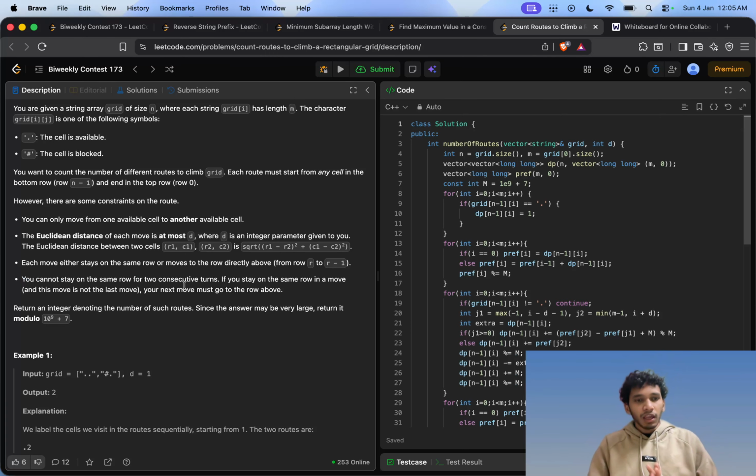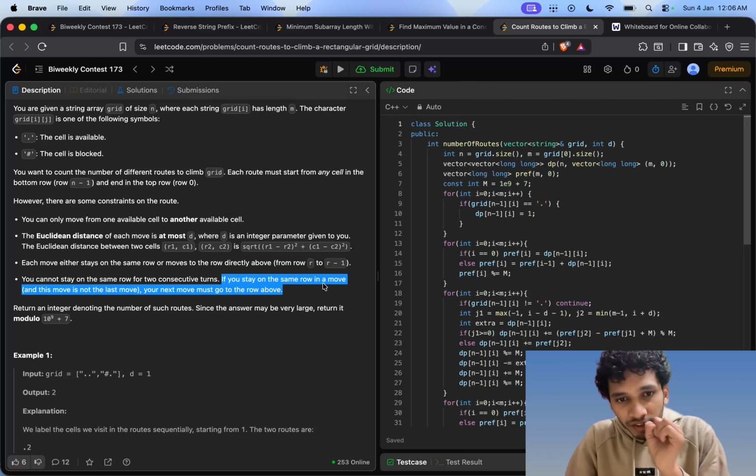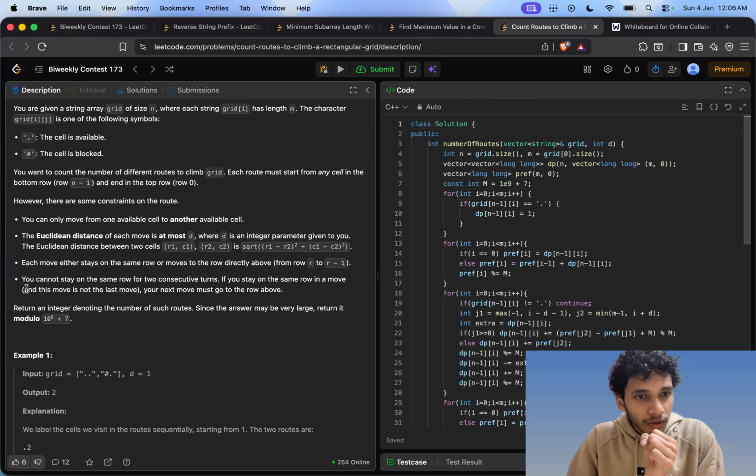You cannot stay on the same row for 2 consecutive turns. That is, if we chose to stay on this particular row in some move, that is, we are at row i and we chose to remain at row i on some move, then on the next move surely we must move upward. If you stay on the same row in a move, your next move must go to the row above, and this move is not the last move.